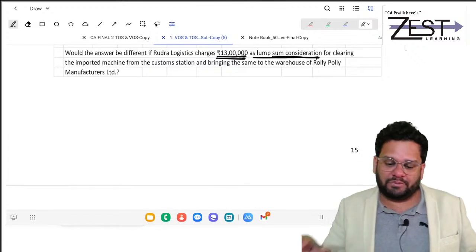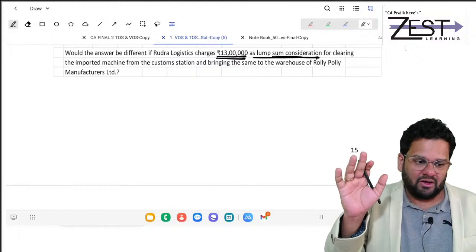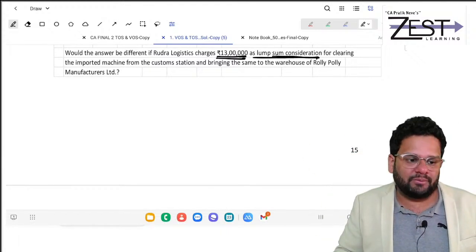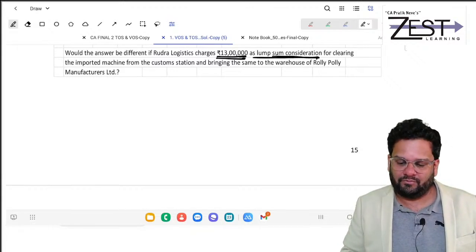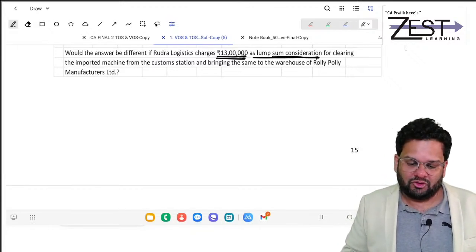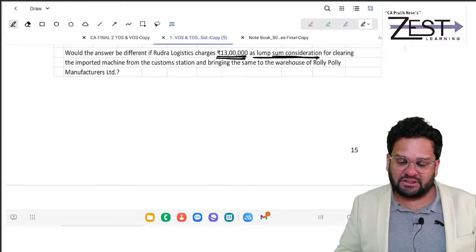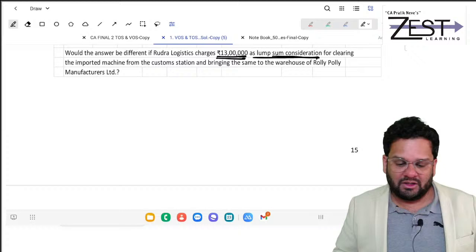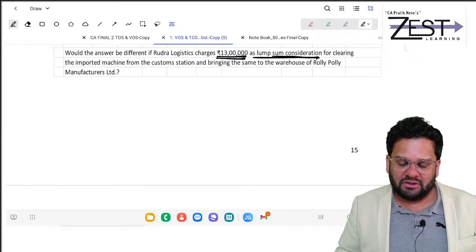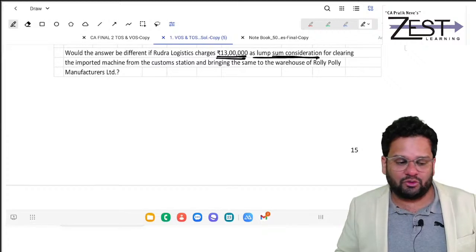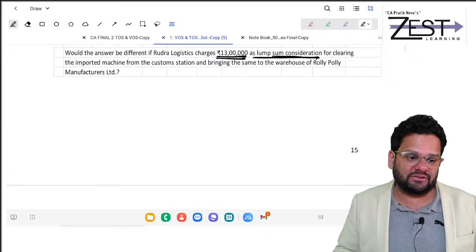Directly charging rupees 13 lakhs without showing bifurcation of anything. Then what will be your assessable value? So would your answer be different if Rudra Logistics charges 13 lakh as lump sum for clearing imported machine from custom station and bringing the same to the warehouse of Rolly Poly Manufacturers?